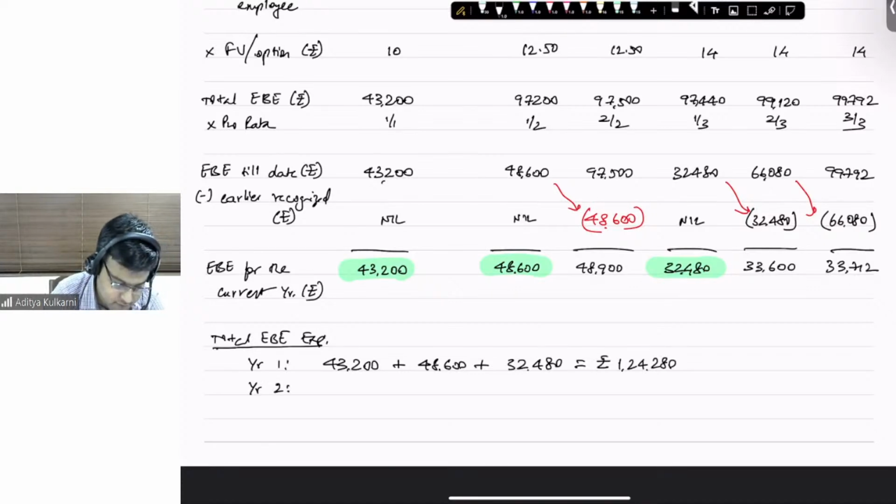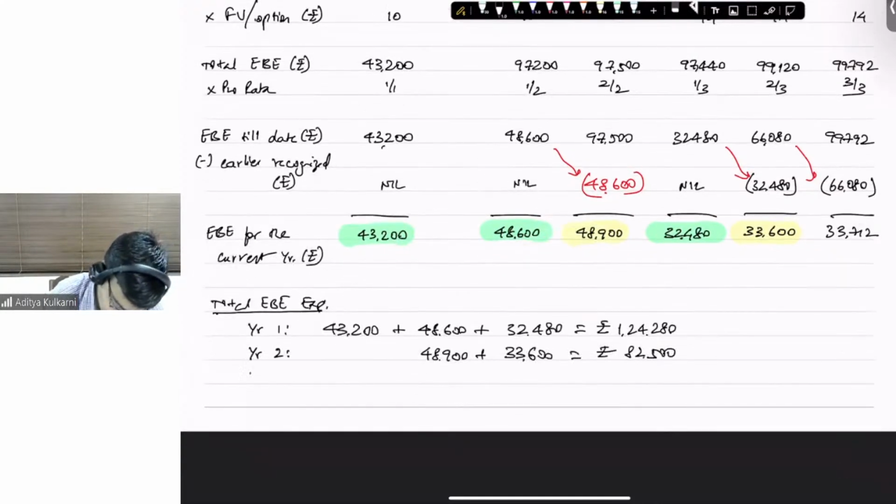Year 2. How will year 2 come? It is going to be 48,900 plus 33,600, rupees 82,500. Year 3: 33,712.